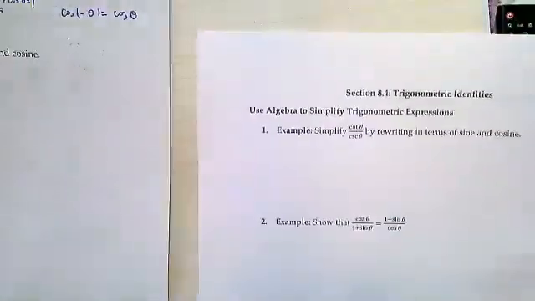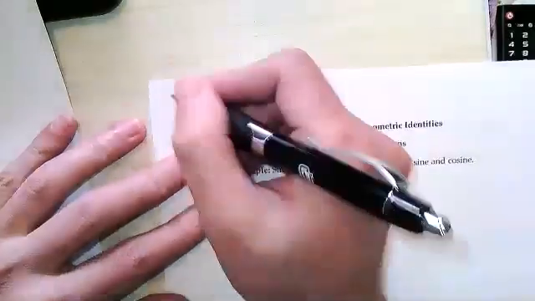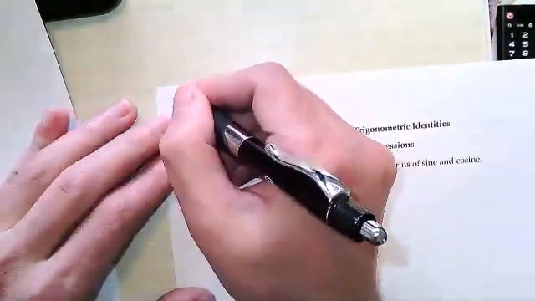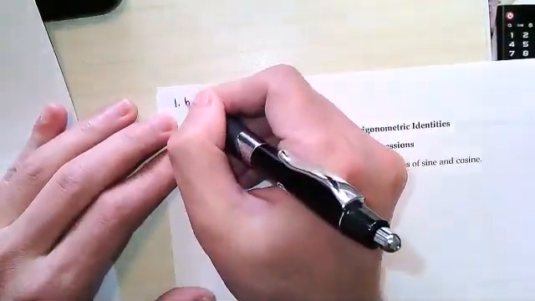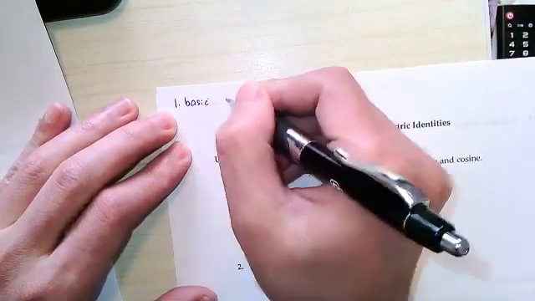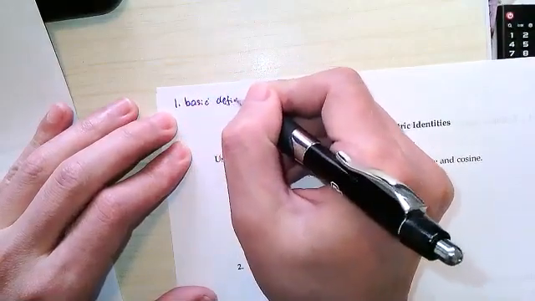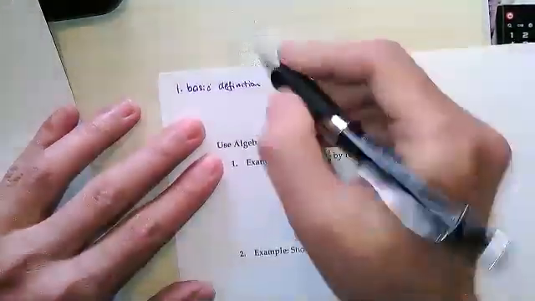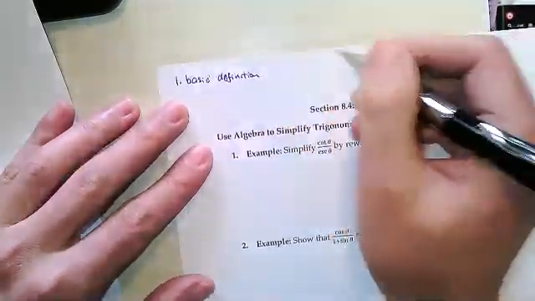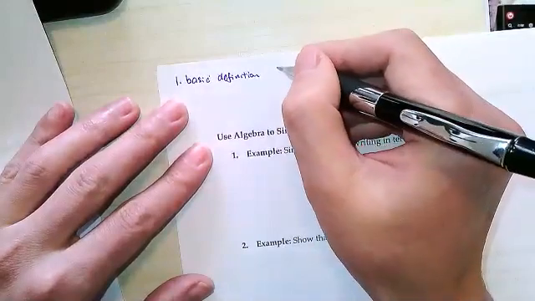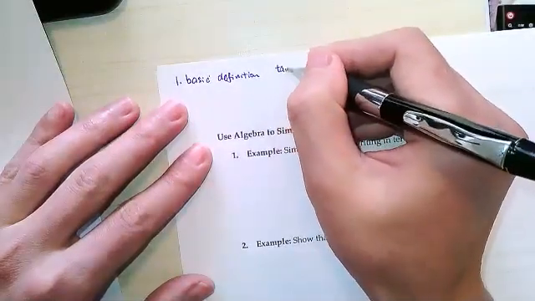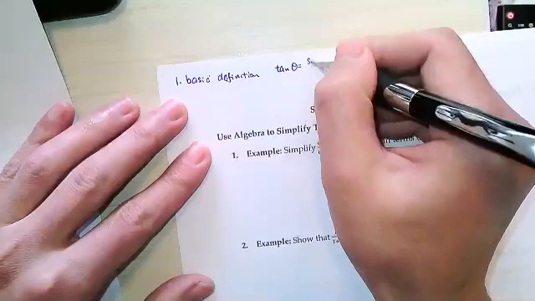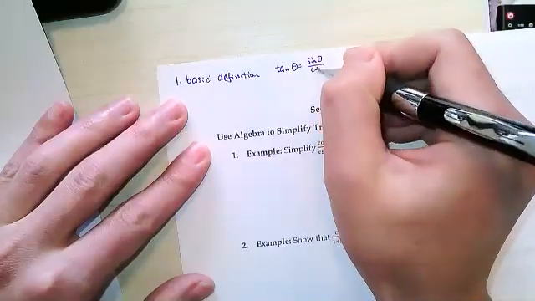So let me rewrite on the lecture notes today. Basic definition. We are rewriting everything in terms of sine and cosine. Tangent theta is sine over cosine.